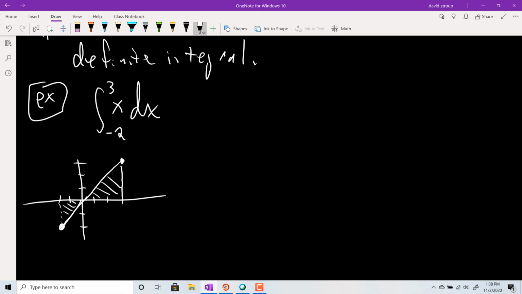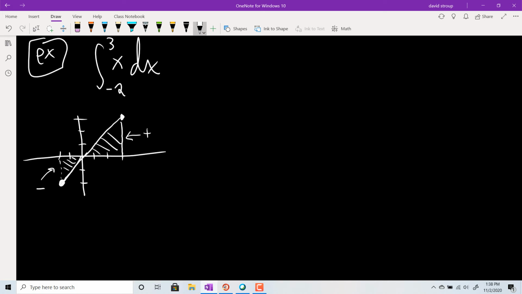The rectangles over here will all have negative f of x's for heights, so when you add them all up, you should get something negative for this region, and for this other region you should get something positive. In the end, the definite integral will probably be the negative of the area of this first triangle, maybe put it in red or something.